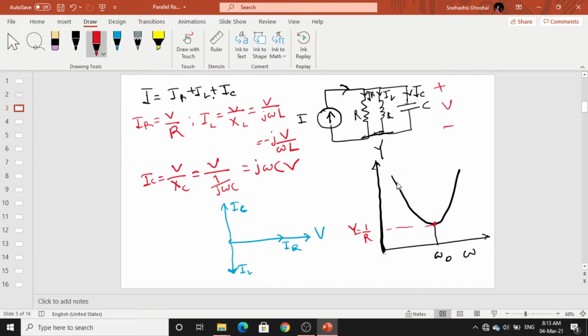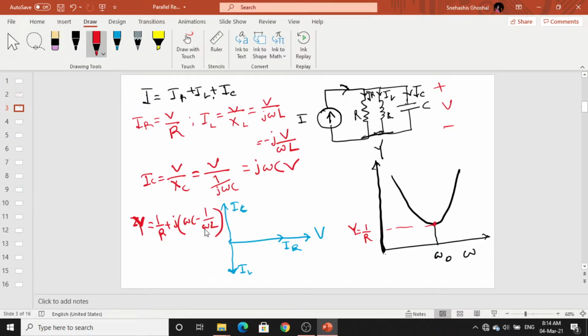Now if we go to the lower frequency side, that means at the left side of this resonance point, what happens? If you look at this, you will see that, sorry, Y equal to 1 by R plus j into (omega C minus 1 by omega L).